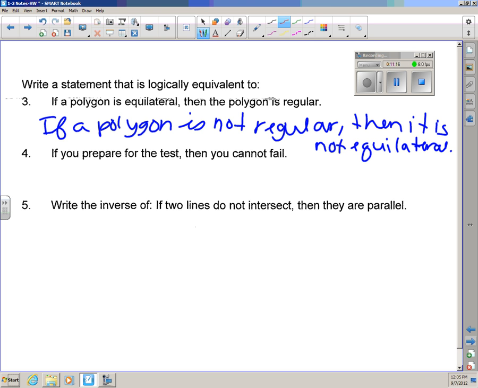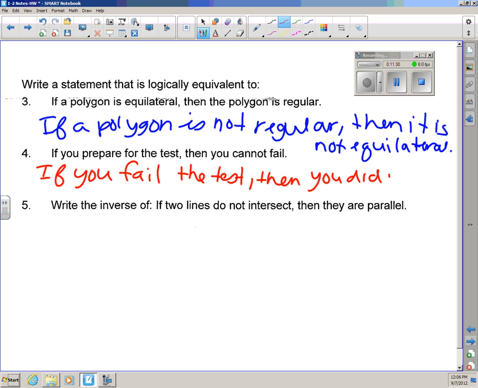Write the logically equivalent for this one. If you prepare for the test, then you cannot fail. This would be: if you fail the test, then you did not prepare for the test.